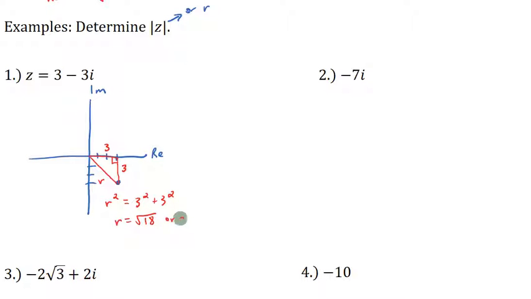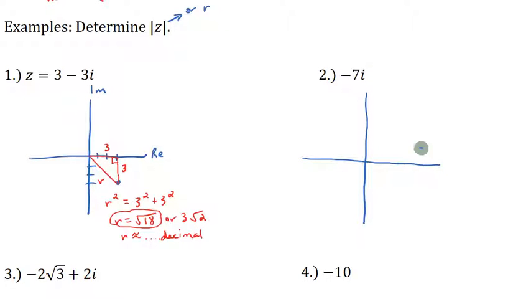If you wanted to simplify it, you'd have 3 square roots of 2. I won't go into how to simplify it. Or you could get a decimal answer. So the modulus of z, I like the square root of 18 for my answer, but 3 square roots of 2 is also good.